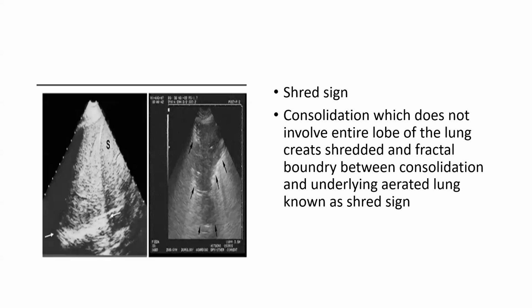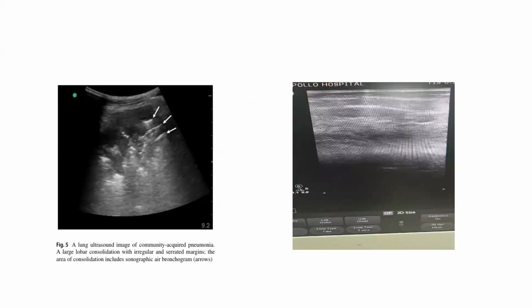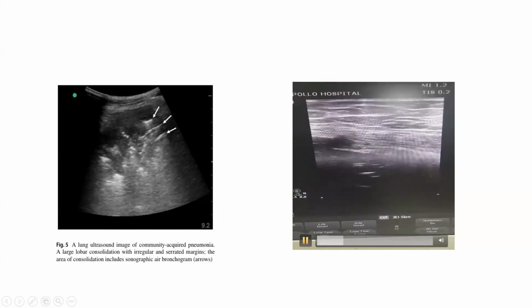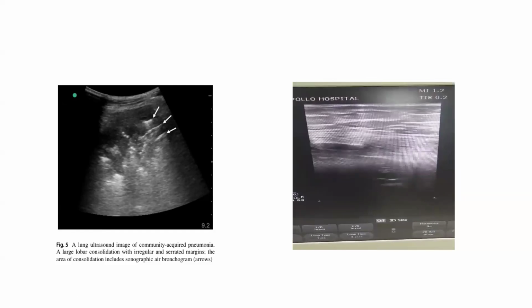Now, what is the shred sign? The shred sign is a very popular sign in pneumonia. It is produced when the consolidation does not involve the entire lobe of the lung, and it creates a shredded, fractal boundary between the consolidation and the underlying aerated lung. This picture on the screen shows the ultrasound image of community acquired pneumonia, and we obtained the bedside ultrasound of that patient, which was looking like shreds.